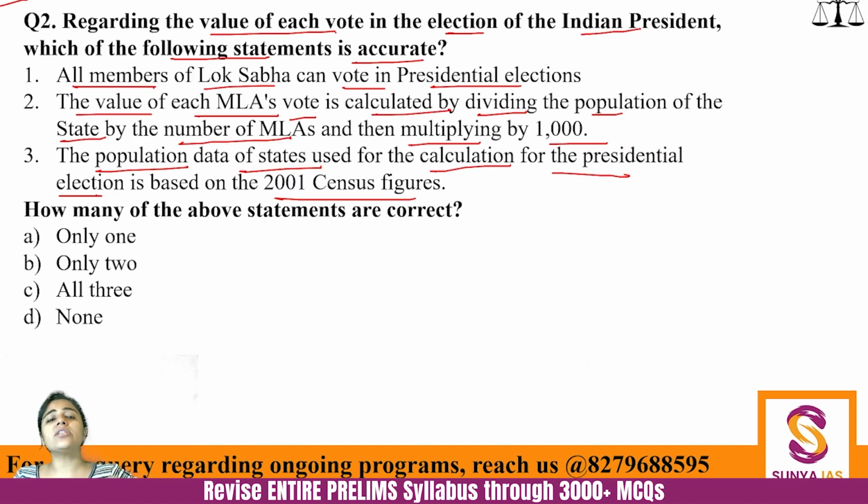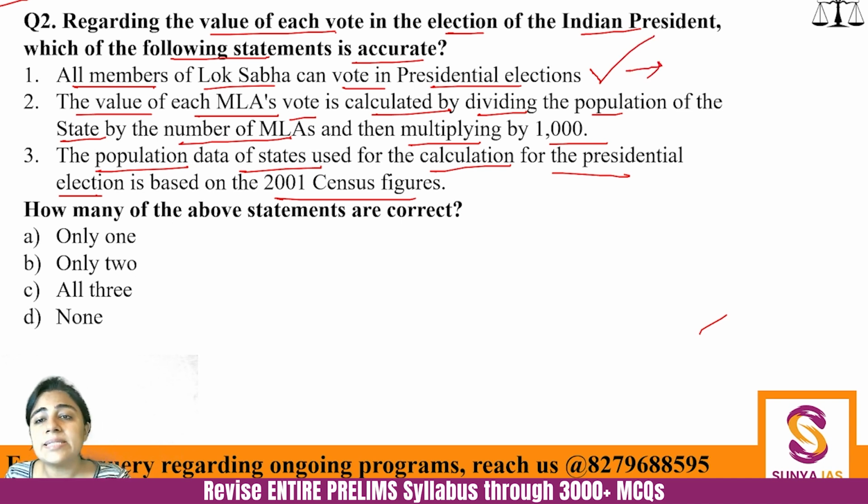So when you come back to this question, the first statement you thought incorrect, that all members of Lok Sabha can vote in the presidential election, actually becomes correct, and there is a reason behind it.